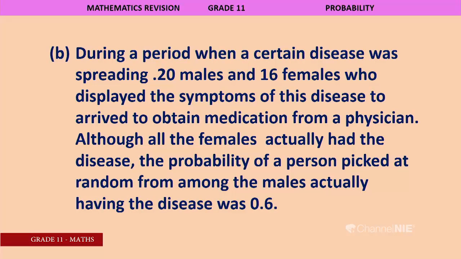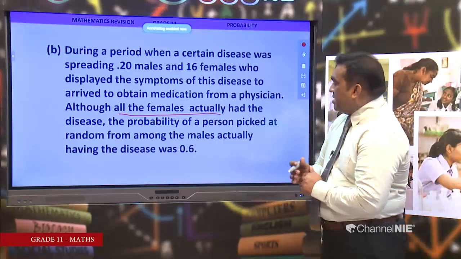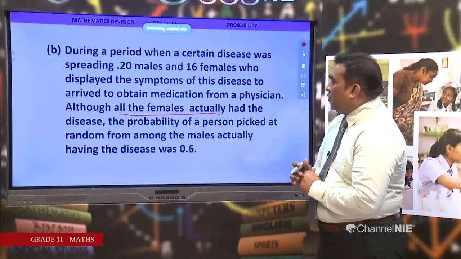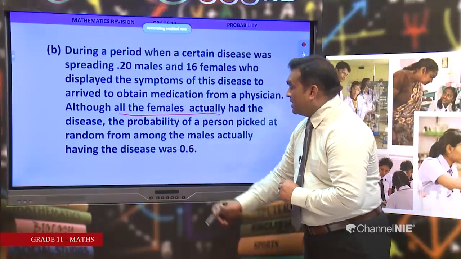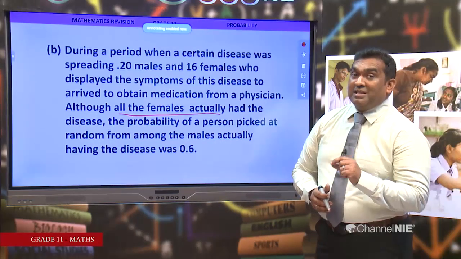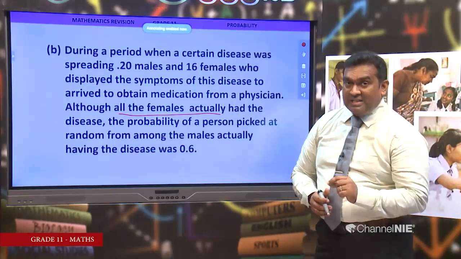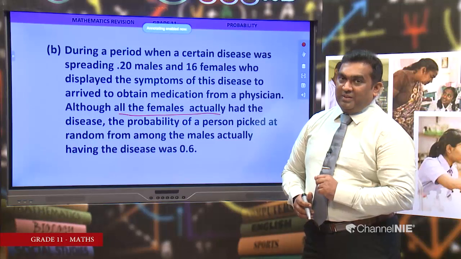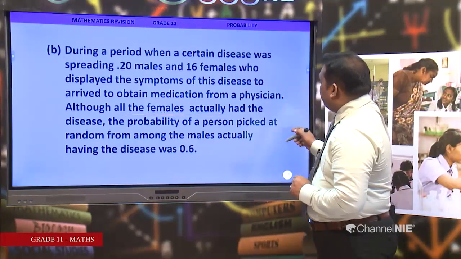All, right? 6/6, 20/20, 30/30, likewise. All females actually had the disease. The probability of a person picked at random from among the males actually having the disease was 0.6. 0.6 means 6/10 as a fraction, right?